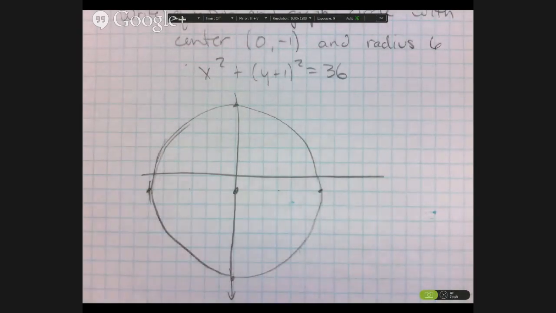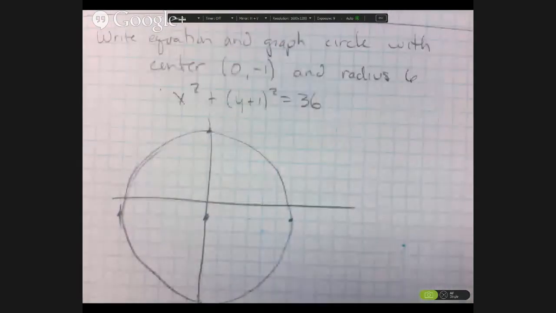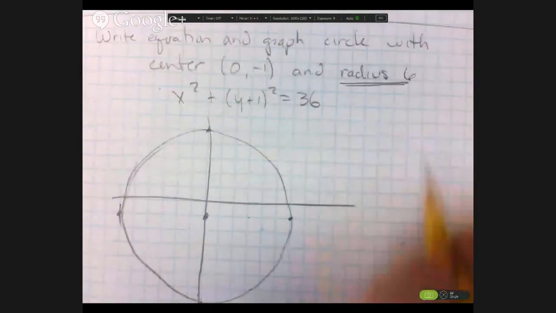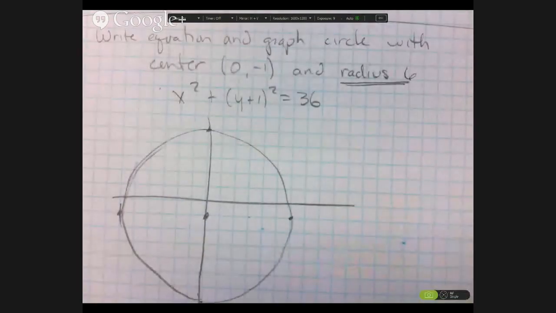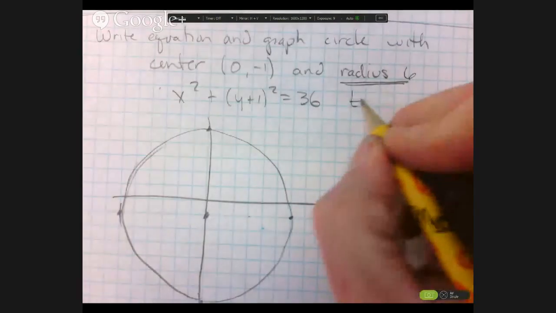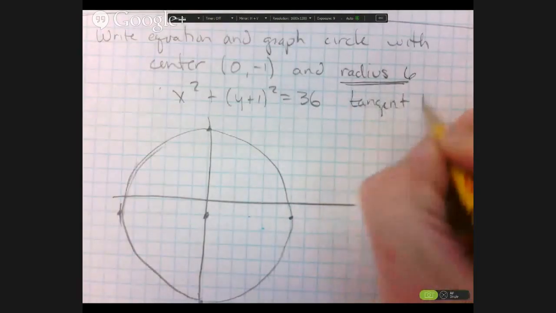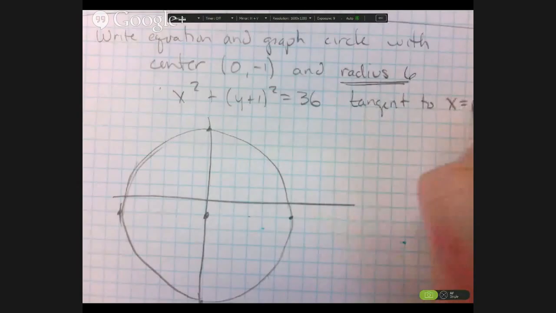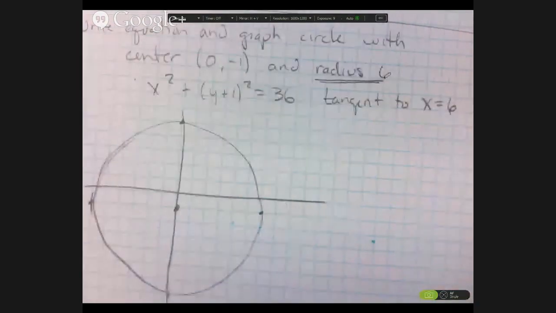Couple things to be aware of. We do ask questions requiring prior knowledge in that assignment. So I could phrase this, instead of saying radius 6, I could say tangent to x equals 6. What would that mean?